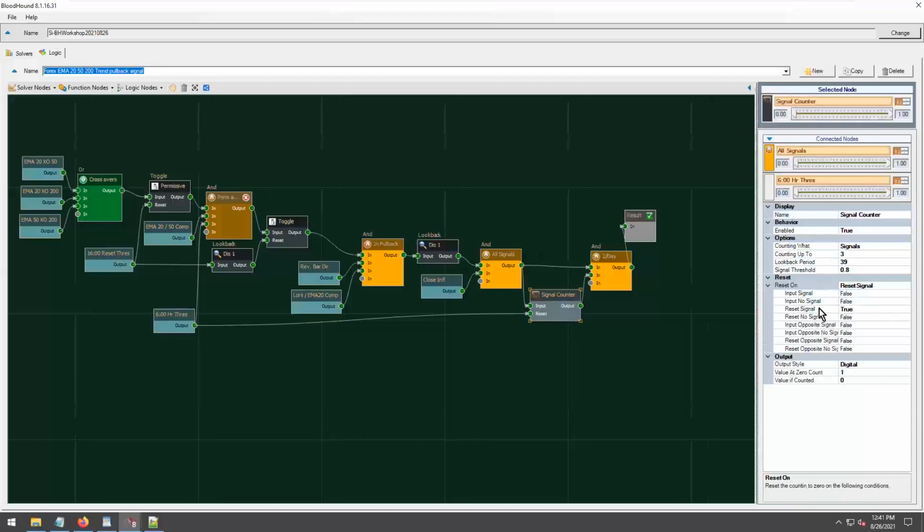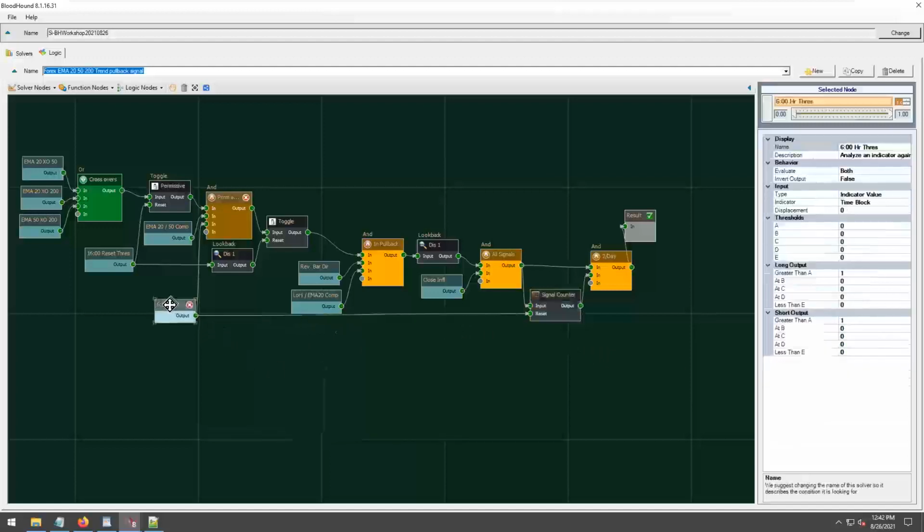Yeah, so we're using the reset signal. All right, so I didn't actually need to adjust anything. The reset signal is already on for us. So all I needed to do was just connect.